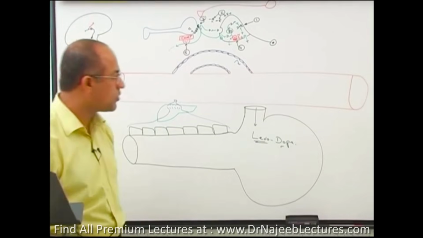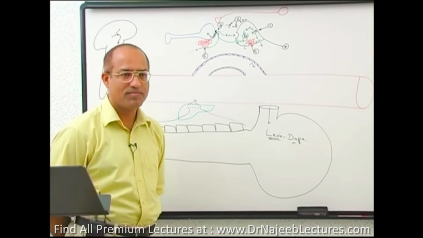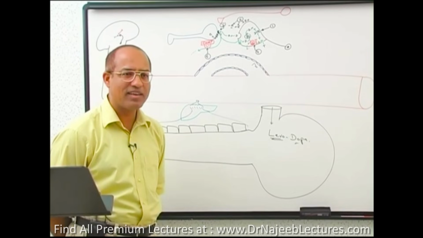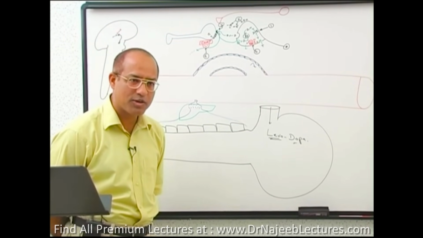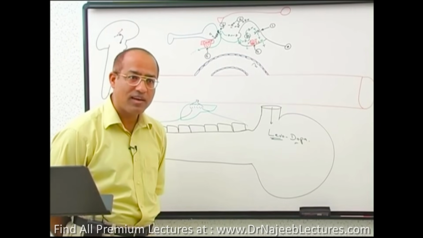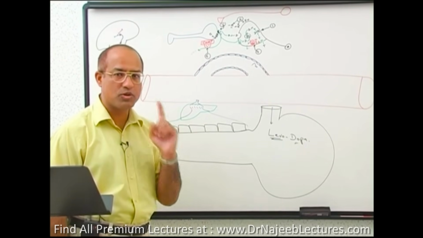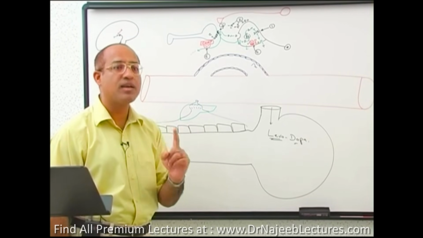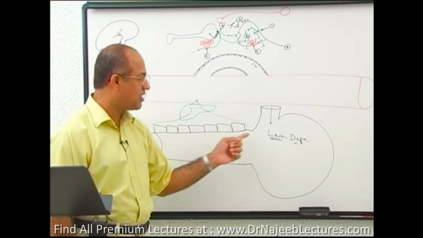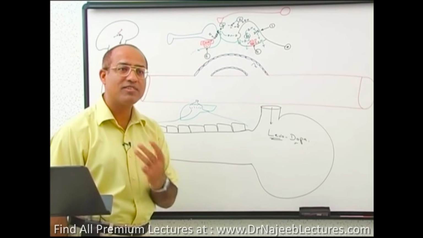Now we come to levodopa. Levodopa is more lipid soluble. No need to remember it. Any drug which is going to the central nervous system must be highly lipid soluble, can be taken orally, and must be able to cross the placental barrier. This is a basic principle. Any drug which has the capability to cross the blood-brain barrier must have the capability to cross the mucosal barrier and the placental barrier.